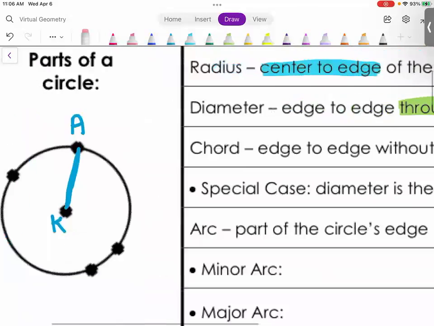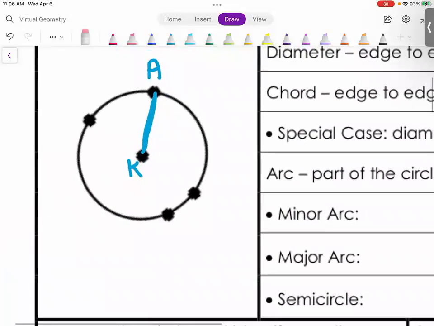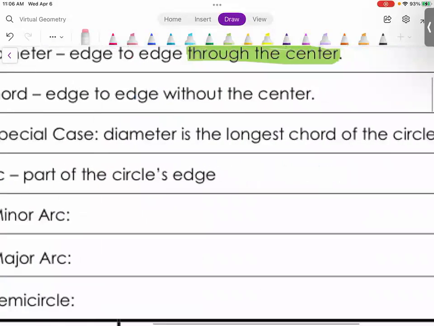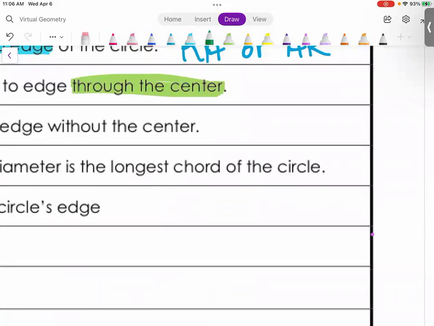So there's where I pass through the center, and there's my other edge. So let's call this B and C. And again, we use the edges of the segment to name this. So segment BC, or you could reverse it and have segment CB. Those are our diameters.